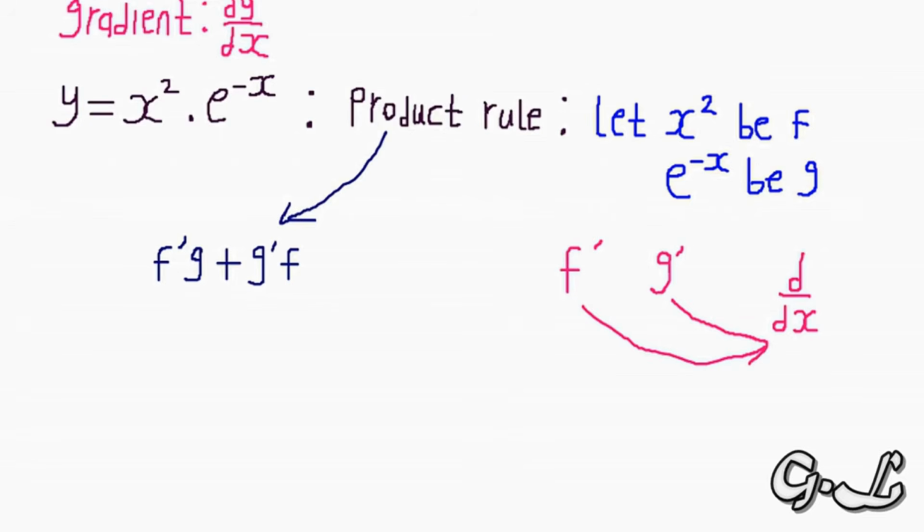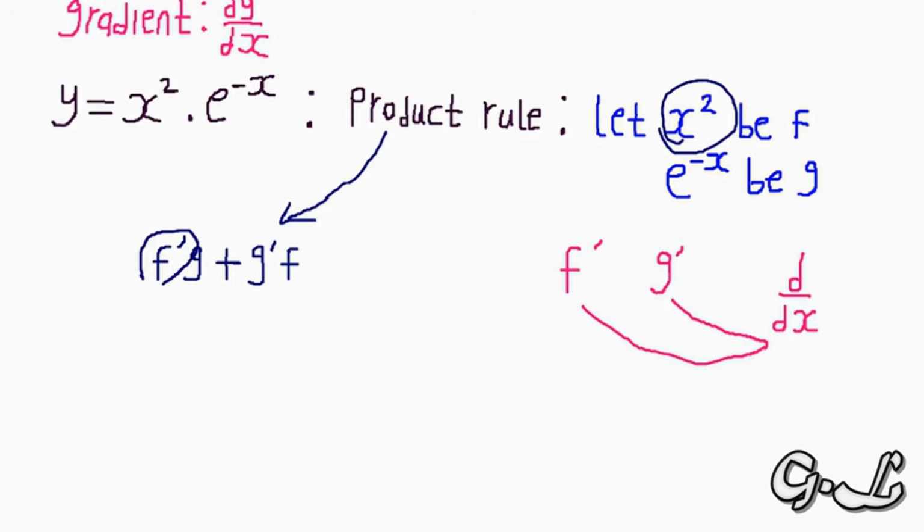So when they say f prime, you have to differentiate the expression for f, which is x squared. And when we say g prime, we have to differentiate the expression for g, which is e to the negative x. That is what we mean when we say f prime or g prime. It simply means differentiation. It is d dx.